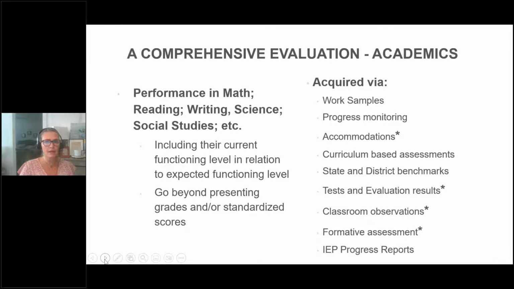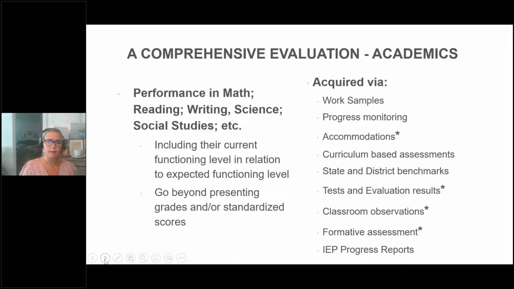And then when we're looking at academics, again, we want to understand the student's performance in math, reading, writing, science, social studies. So we want to understand their current functioning level in relation to expected functioning level. And we want to go beyond just presenting the grades and or the standardized scores.